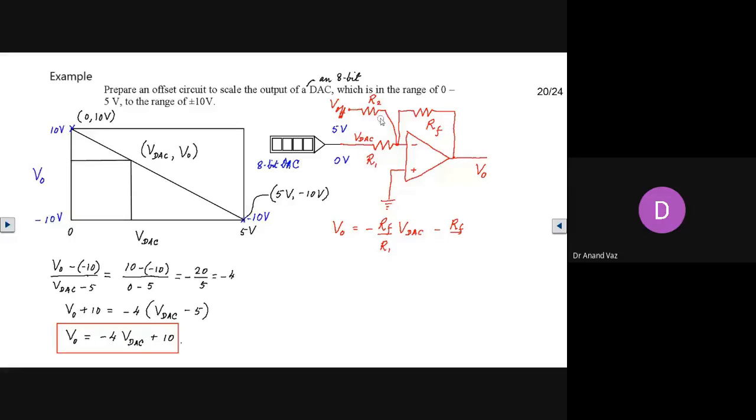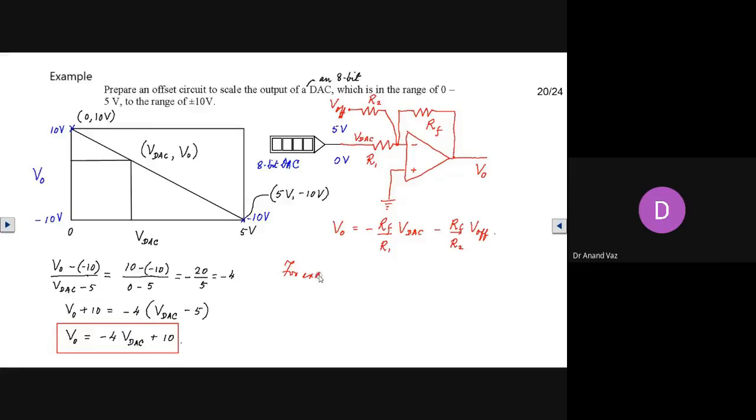If you refer to your notes of a few days ago, you will get the expression for this summing configuration. Okay. So now we can choose the resistances accordingly, R1, R2.